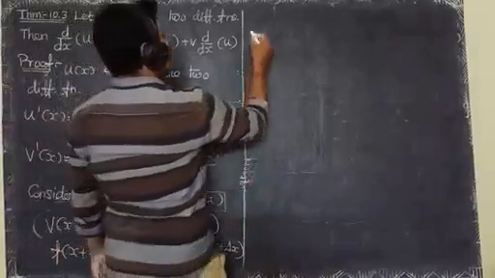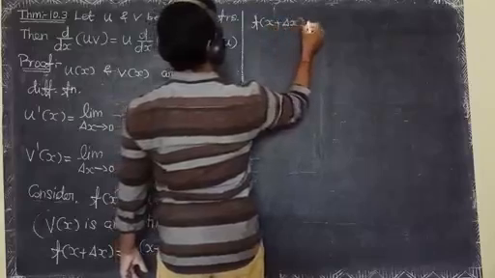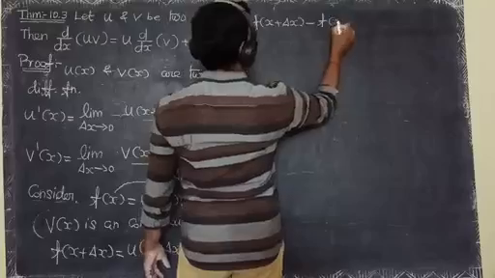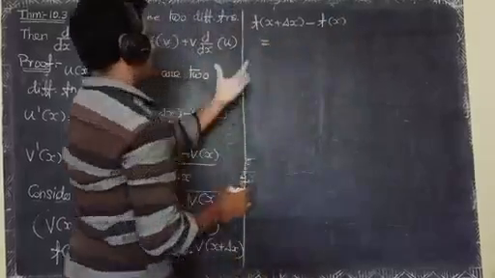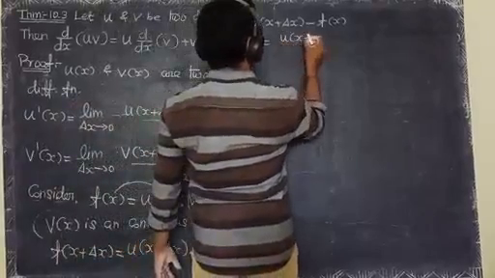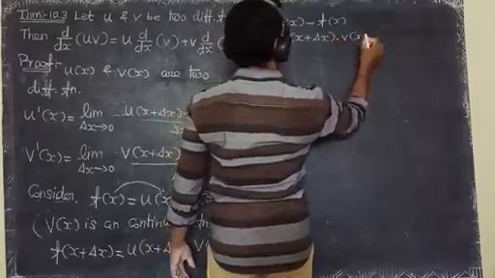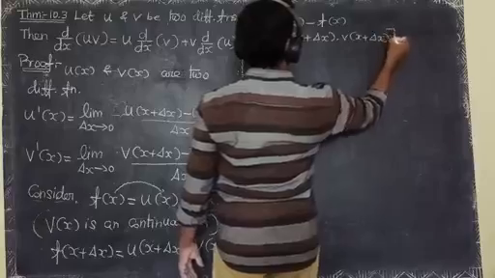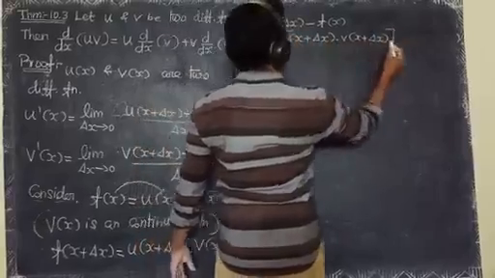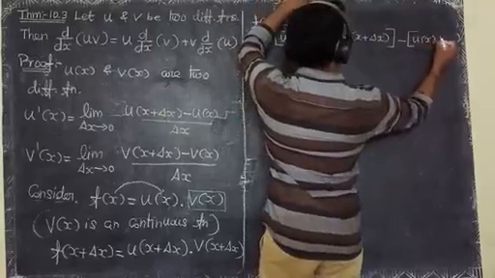Next, to find f of x plus del x minus f of x, which is u of x plus del x into v of x plus del x, minus f of x, which is u of x into v of x.